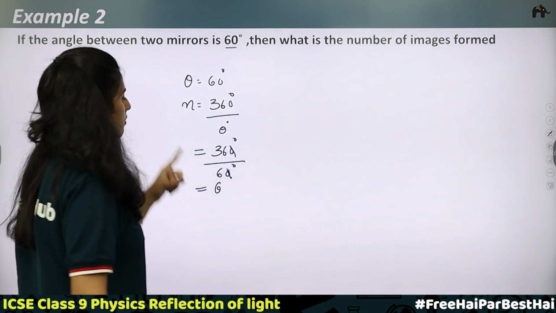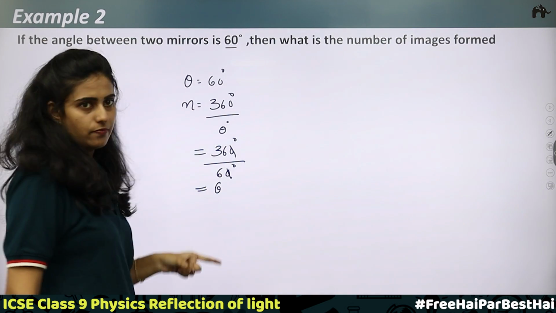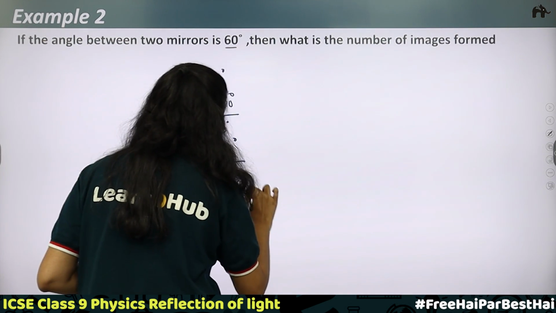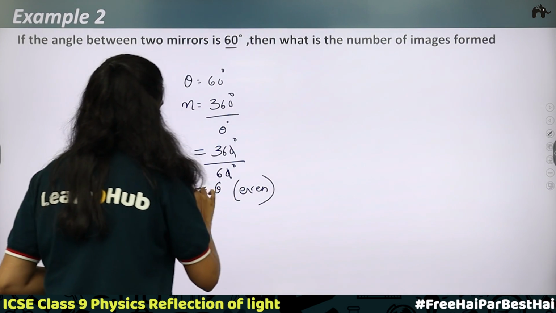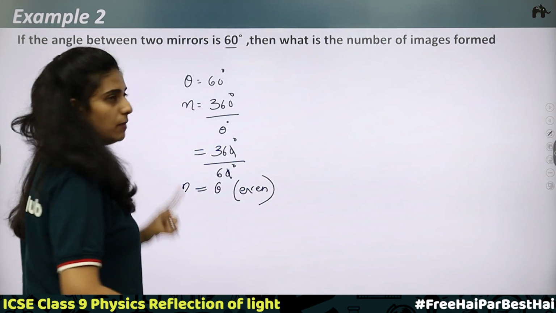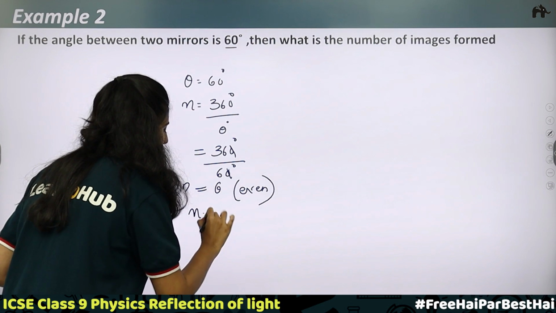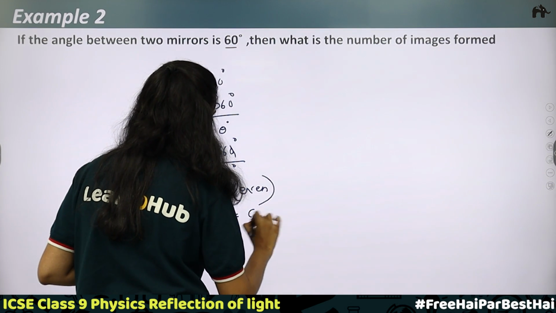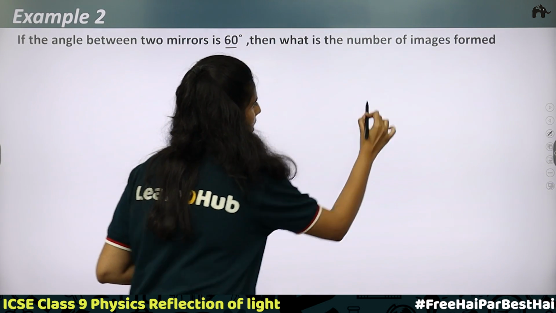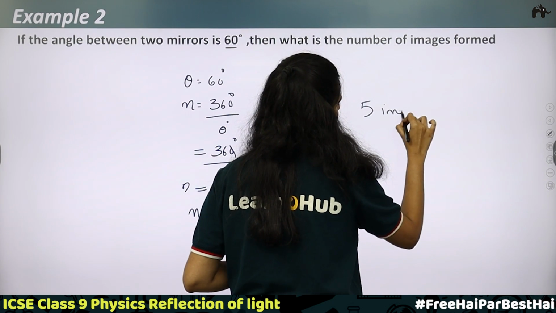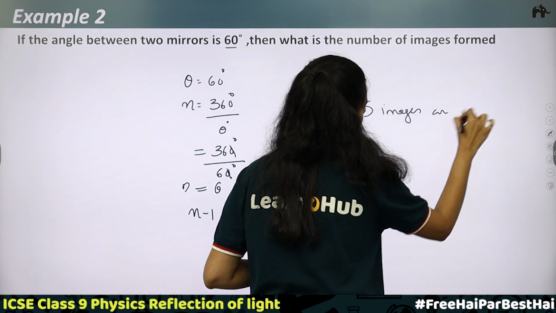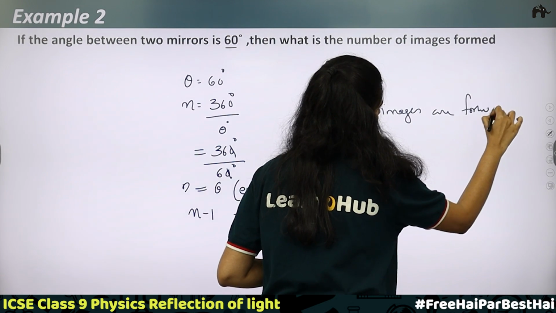You can see that the n value is equal to 6. 6 is an even number. When n value is an even number, the number of images formed will be equal to n minus 1. So here n minus 1 will be equal to 6 minus 1, which is equal to 5. Therefore, we can say 5 images are formed.